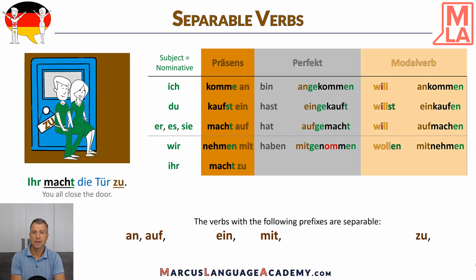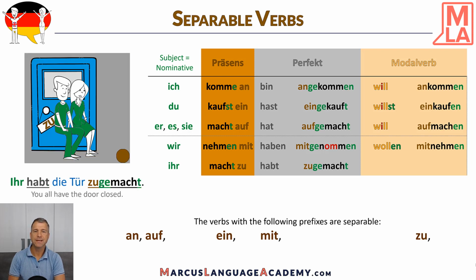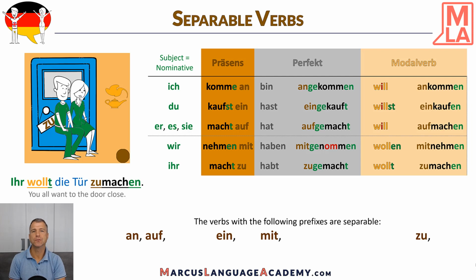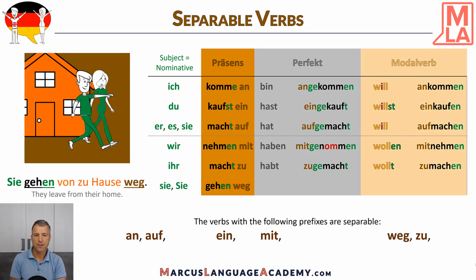Ihr macht zu. Zumachen means to close. Ihr macht die Tür zu. And in perfect, ihr habt die Tür zugemacht. Zugemacht, the participle. And ihr wollt die Tür zumachen. And our last example, weggehen, to leave or to go away.